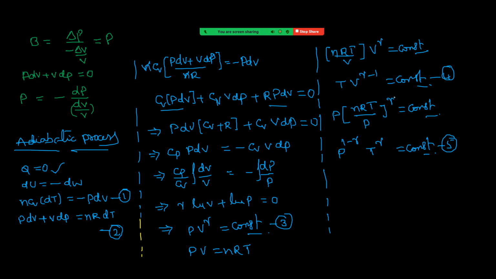So these three equations we have to keep in mind for solving problems based on adiabatic process: P V power gamma equal to constant, T V power gamma minus 1 constant, P power 1 minus gamma T power gamma is a constant.